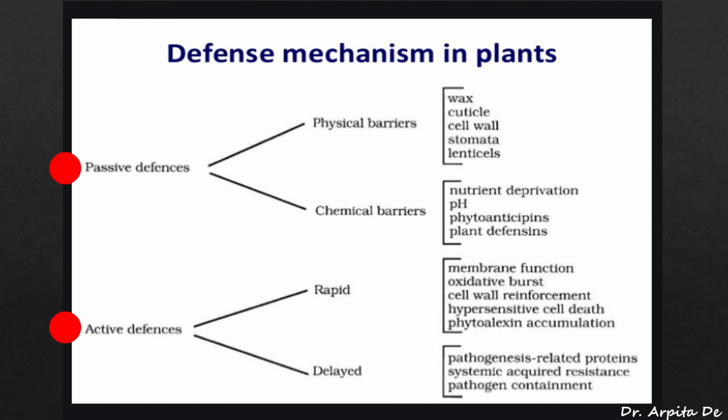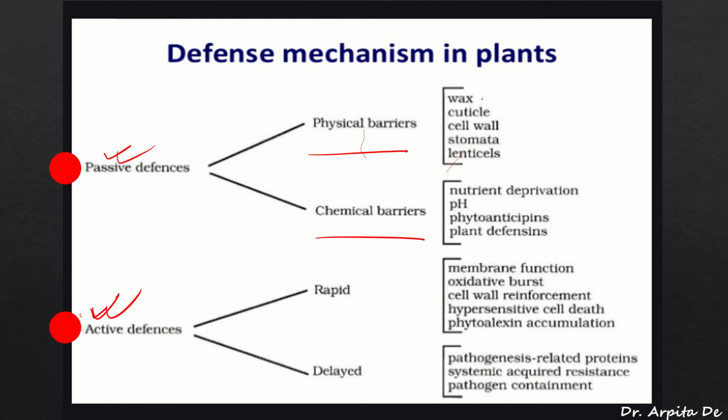Now we'll come to defense mechanisms in plants. Defense mechanisms in plants can be passive or active. Passive defenses can be subdivided into two parts: physical barriers and chemical barriers.